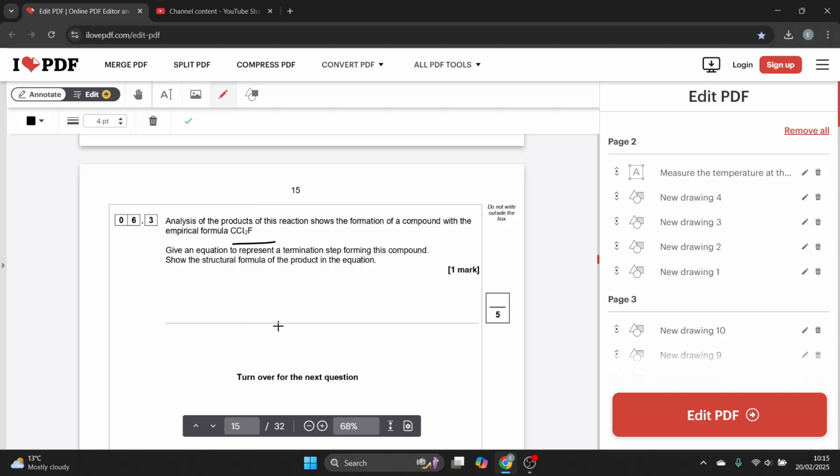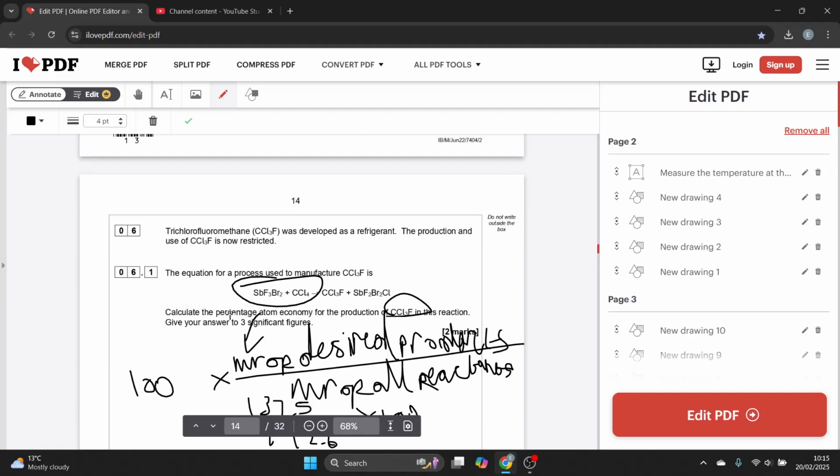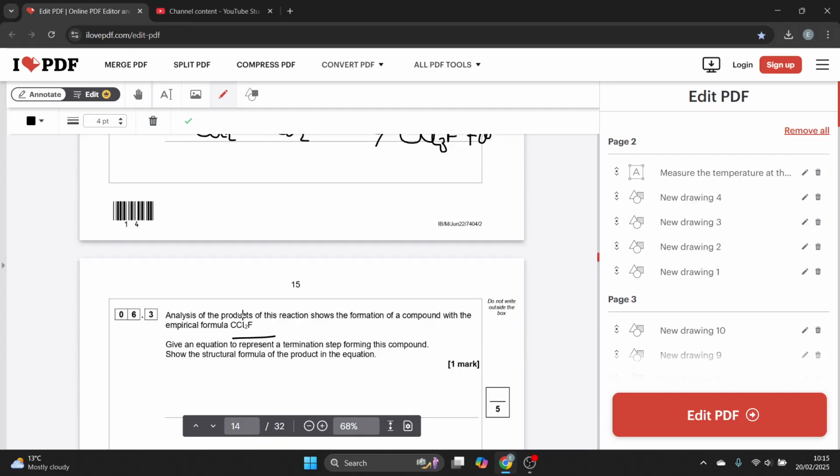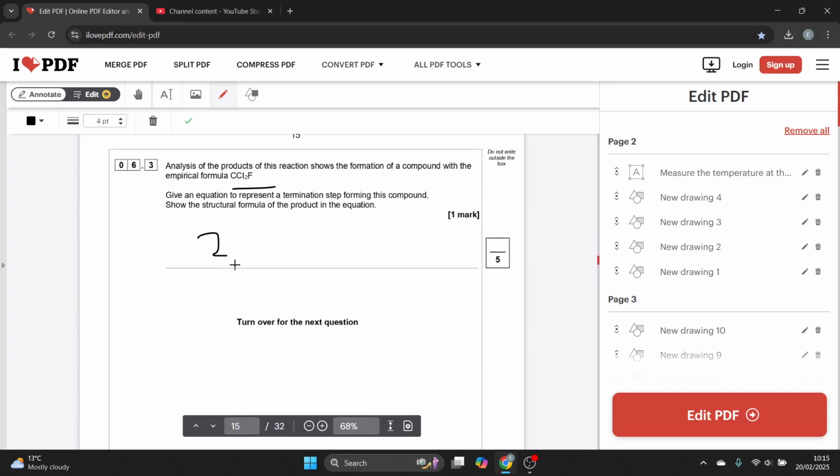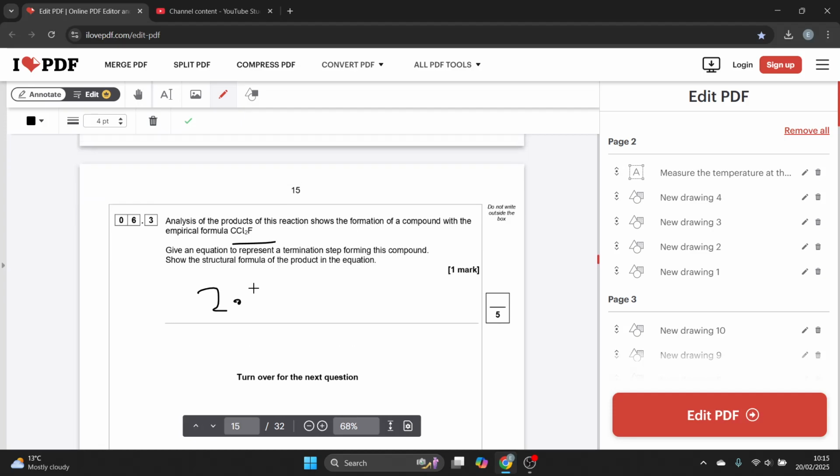Give an equation to represent the termination step forming this compound. Show the structural formula of the product in the equation. I'm trying to show the formation of a compound with this empirical formula.